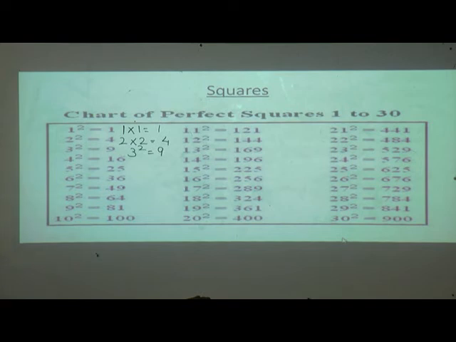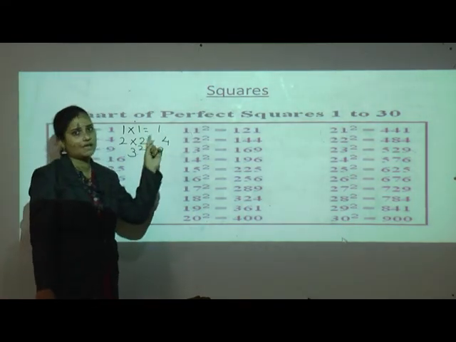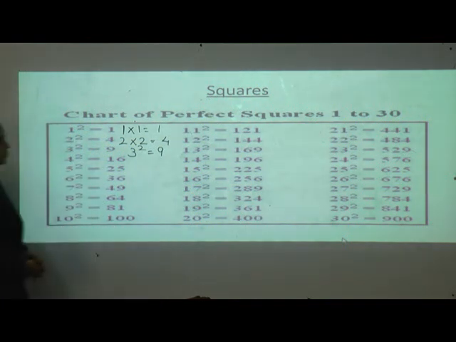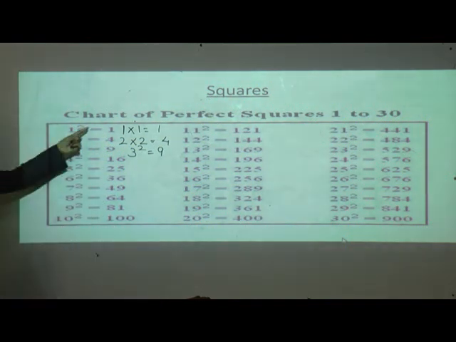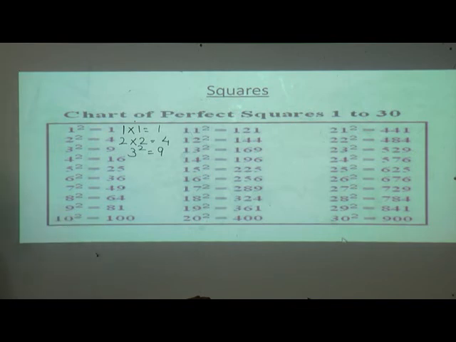And square of 10, 100. That means all of you understood what is meant by squares. Squares means when we multiply one number by itself, the answer is the square of that particular number. You should learn this very well, isn't it? It will be easy for you for solving the pattern sums.